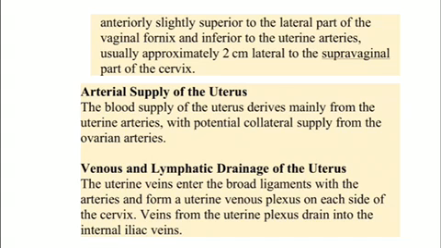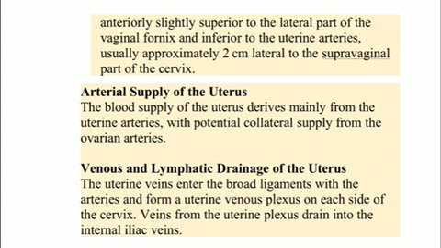The lymphatic vessels from the uterus drain in many directions. They course along the blood vessels that supply the uterus, and they also move along the ligaments attached to the uterus.